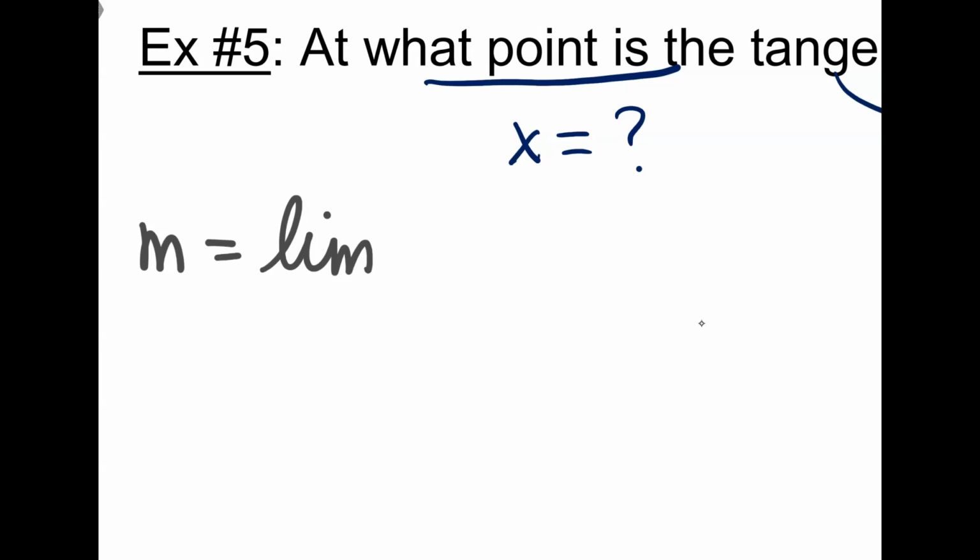What's the x value when our slope is 0? Slope of the tangent line. No. That is where the function has a y value of 0, not the tangent. That's not where the tangent has a slope of 0.